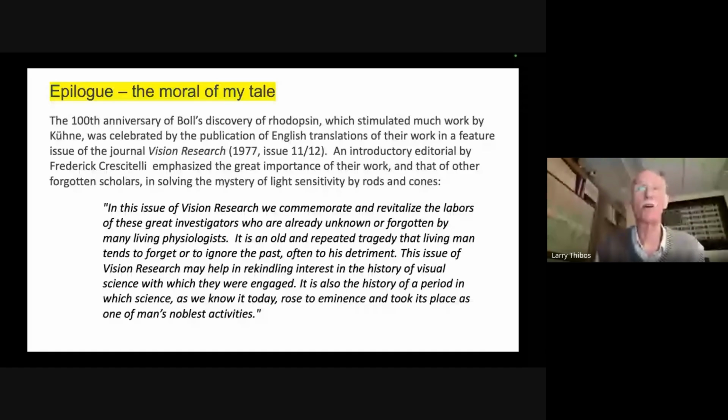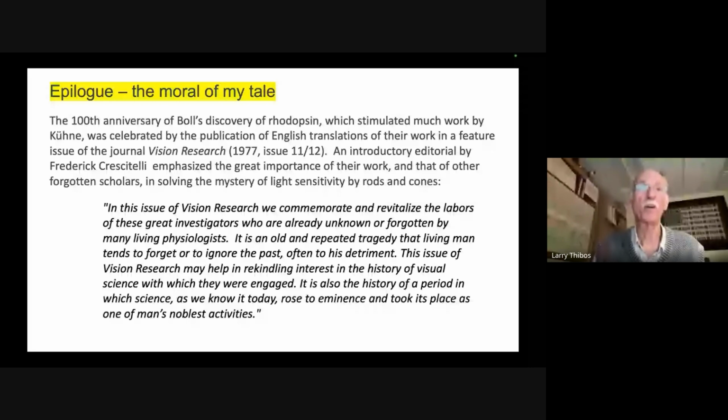And this is what he had to say. In this issue of Vision Research, we commemorate and revitalize the labors of great investigators who are already unknown or forgotten by many living physiologists. It is an old and repeated tragedy that living man tends to forget or ignore the past, often to his detriment.